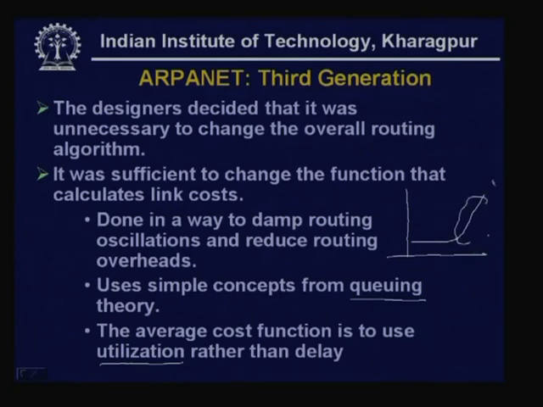Here, for example, say utilization is 1, normalized 100%. Whenever it goes in this region, based on utilization it switches to link state routing, and as a consequence there was significant improvement in performance.